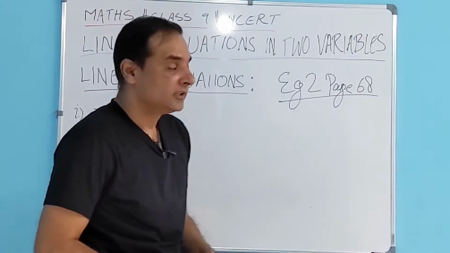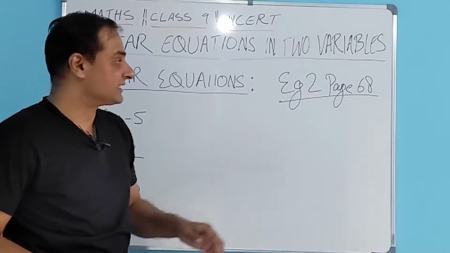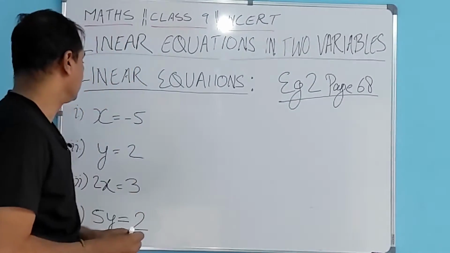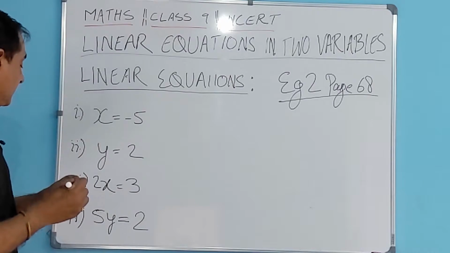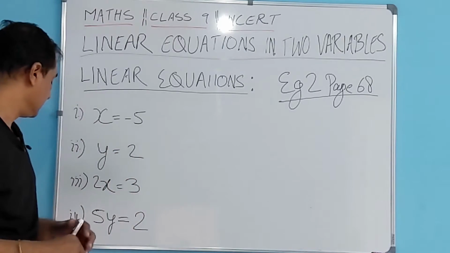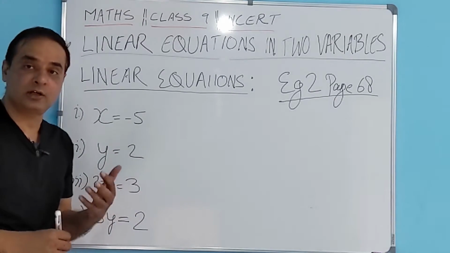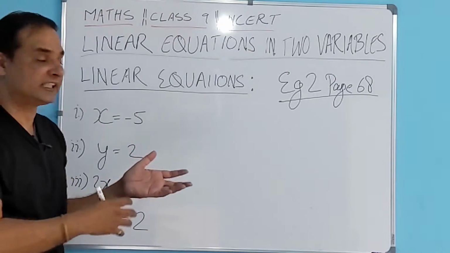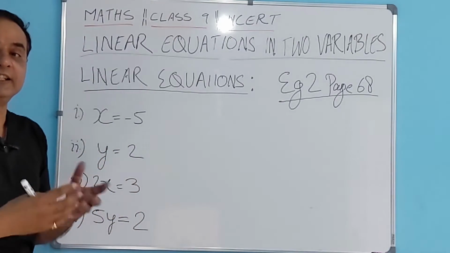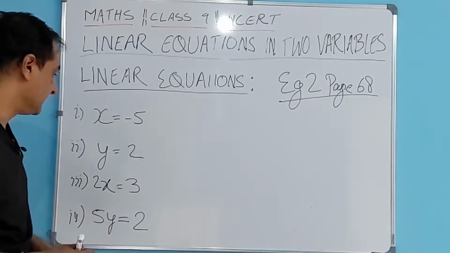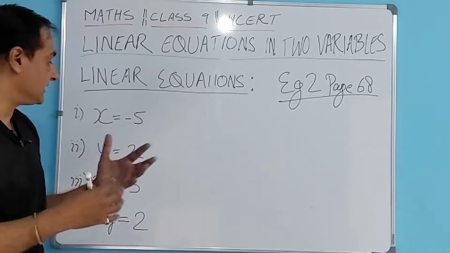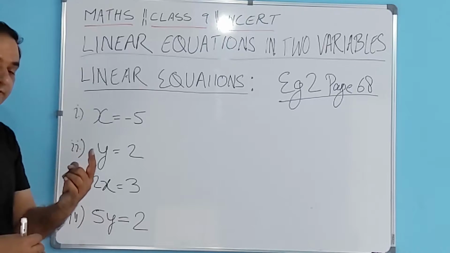Let's look at example number 2, which is given on page 68. So here the equations are given, there are 4 questions, and we need to represent each of these equations as a linear equation in 2 variables. This is very easy. Basically these are linear equations in 1 variable.